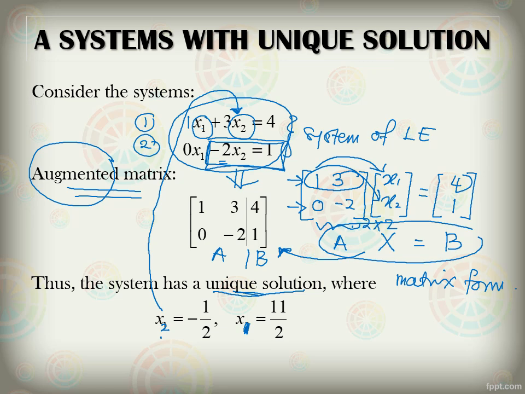Only x2 equal to negative 1 over 2 and x1 equal to 11 over 2 will satisfy this equation and this equation. So this is what we call a system that has a unique solution.